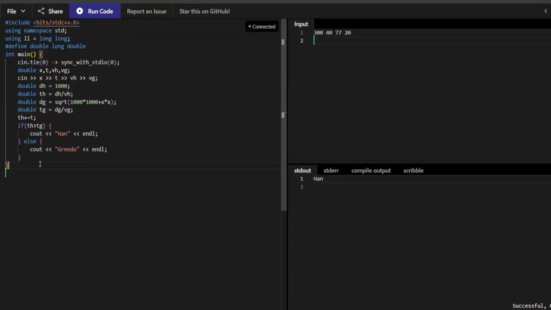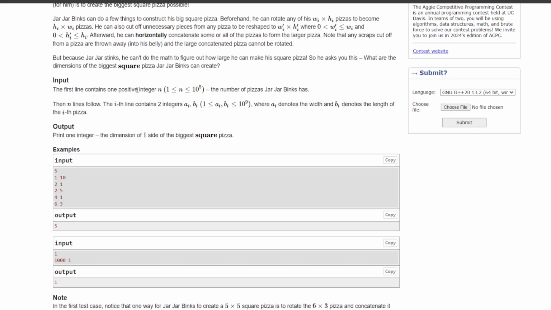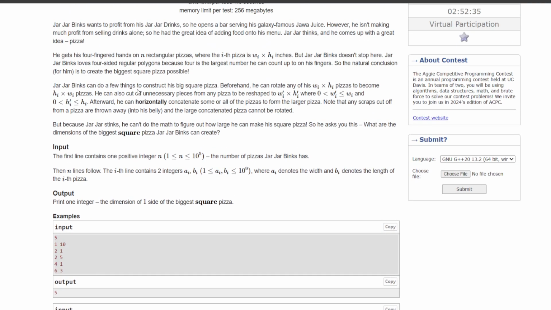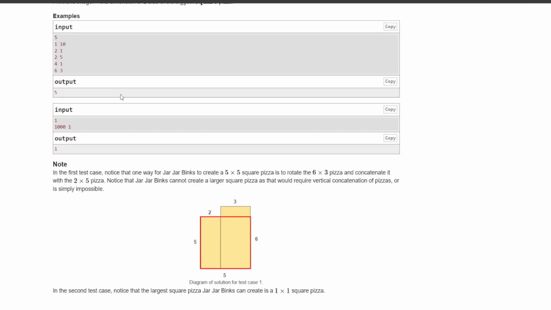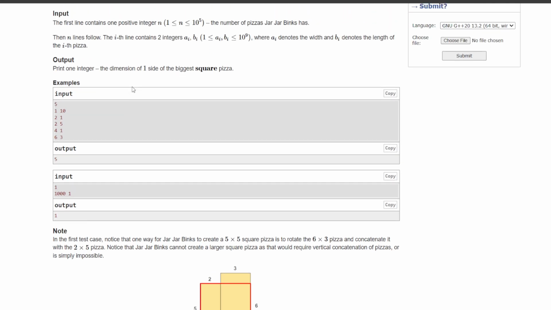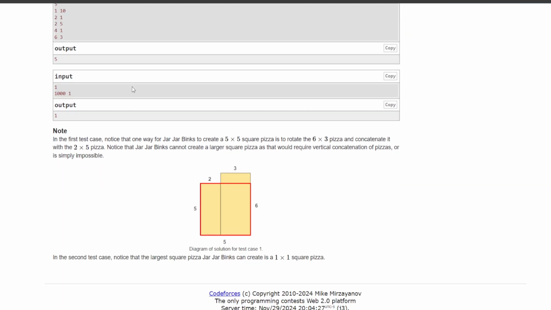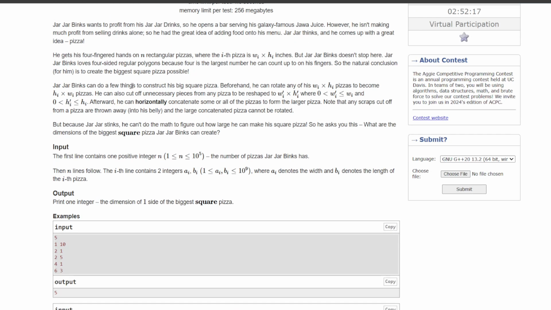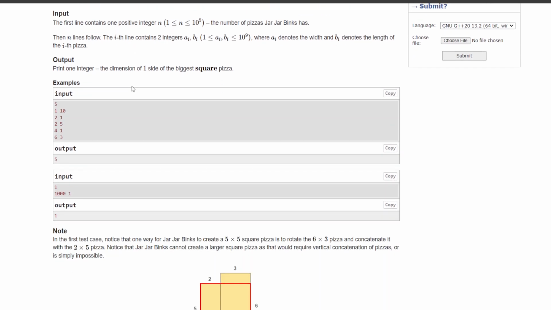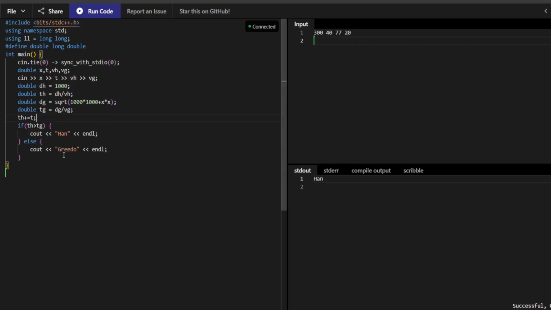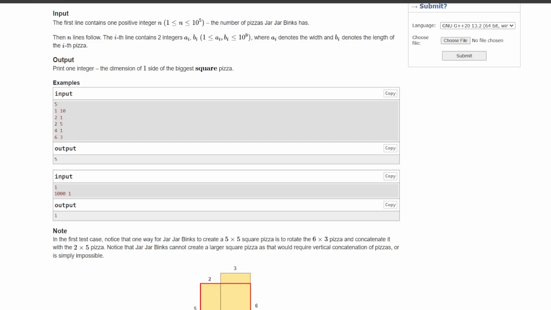You got it? I think so. Passes the samples. Are you reading D? Yeah, I know how to do D. Okay, let me look at it. Let me look at E.